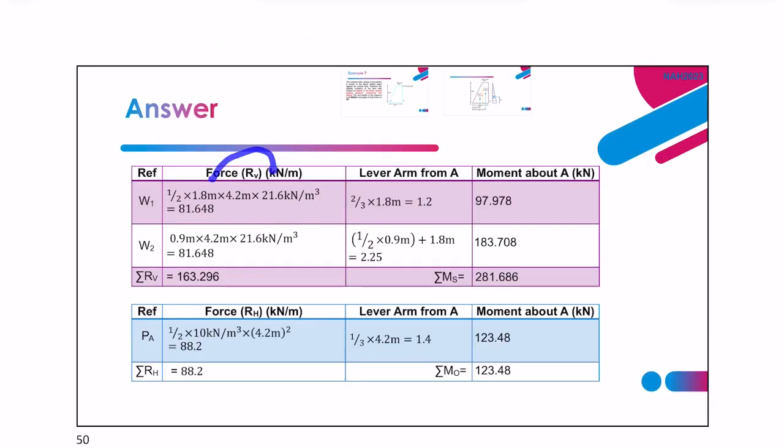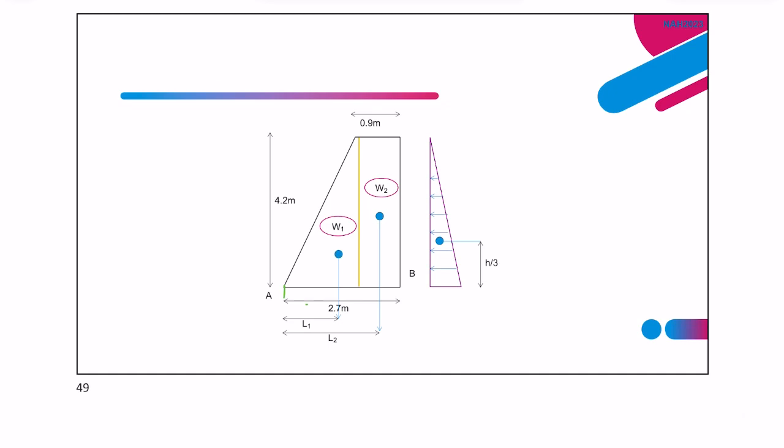For the vertical force, get the lever arm from A because we need to find the moment. Because we know the overturning moment is about A, which is the toe of the wall. The wall will overturn at the toe. Vertical force means the weight of the wall.